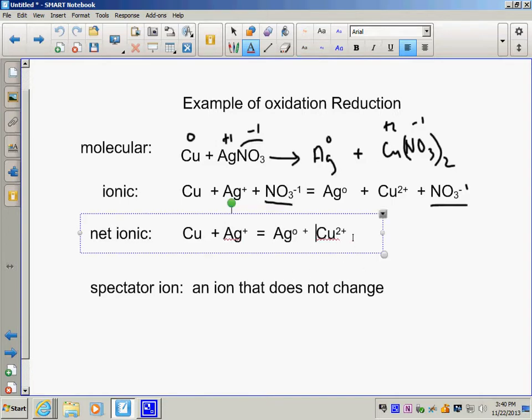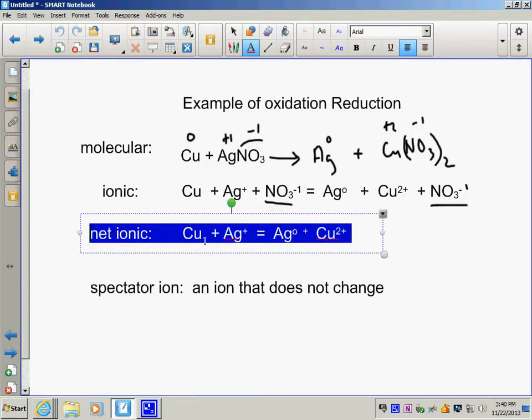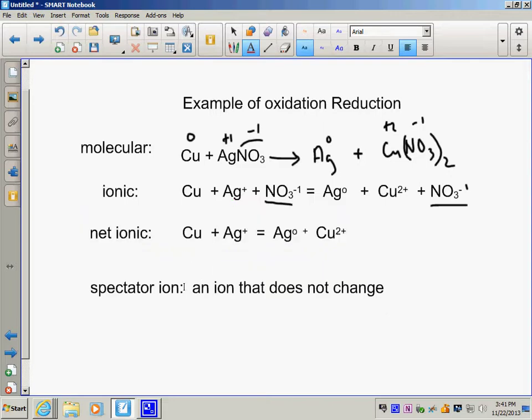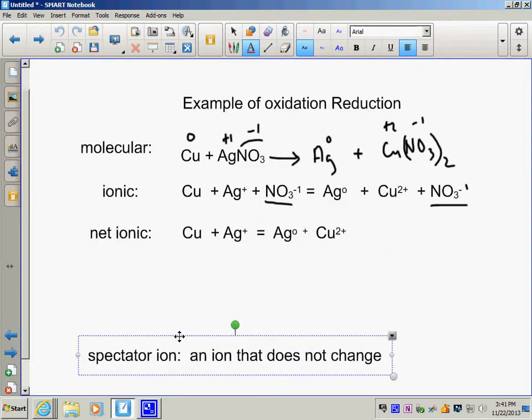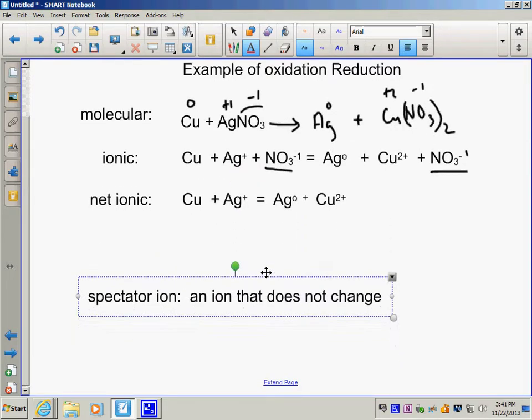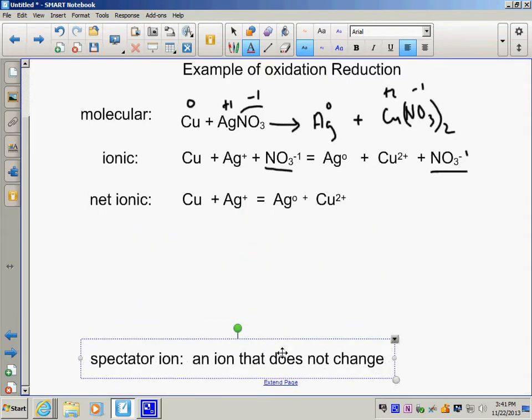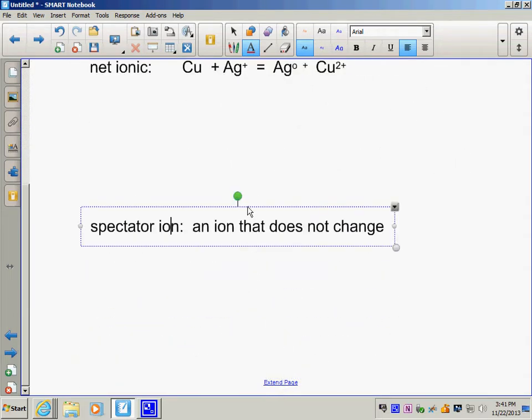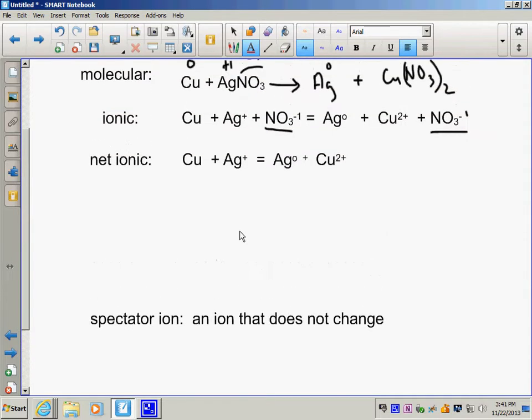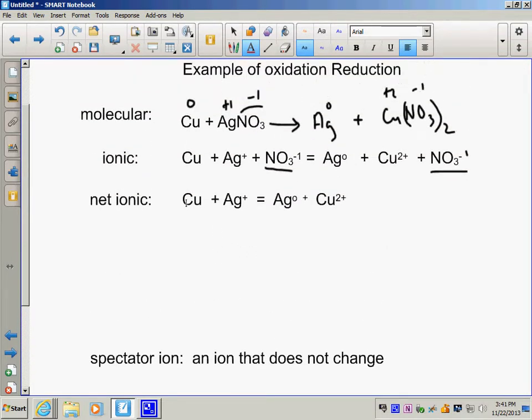Now, from this, we can get a greater idea of what's actually going on here. I'm just going to move this down here a little ways. Okay, so when we're dealing with oxidation and reduction reactions, we have one thing that's being oxidized, one thing that's being reduced. Which one is it?